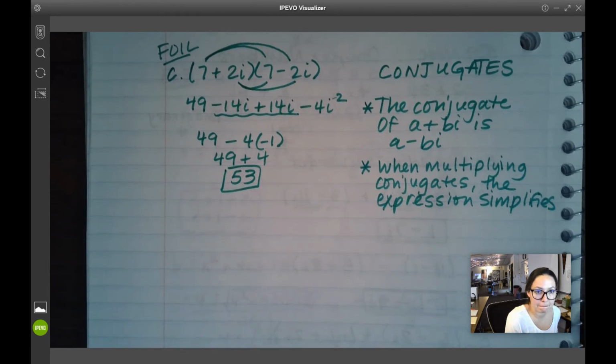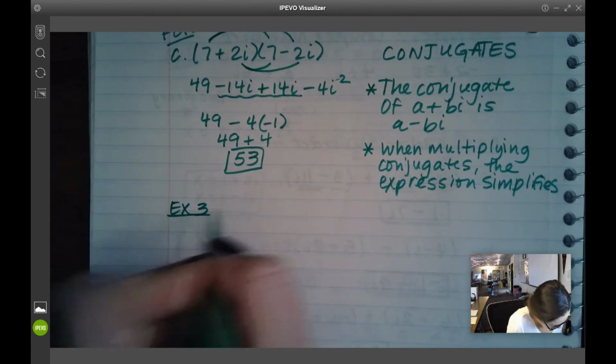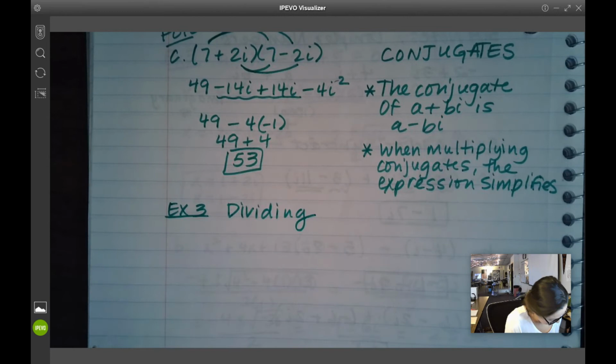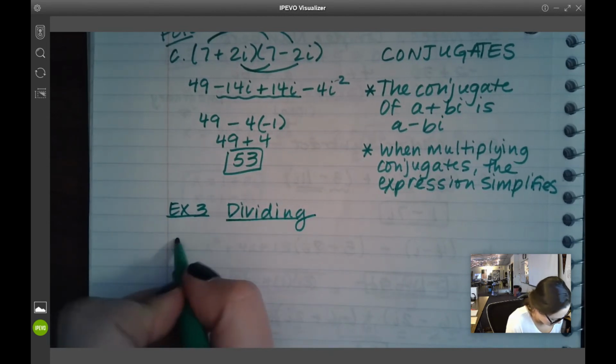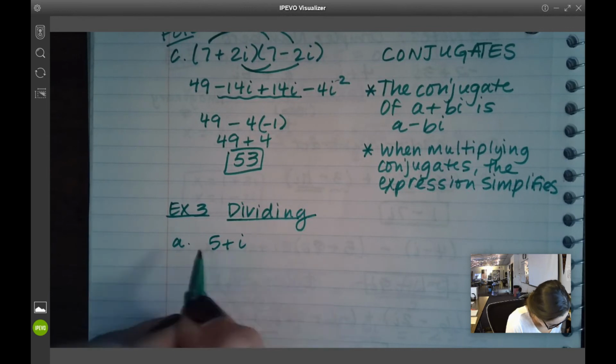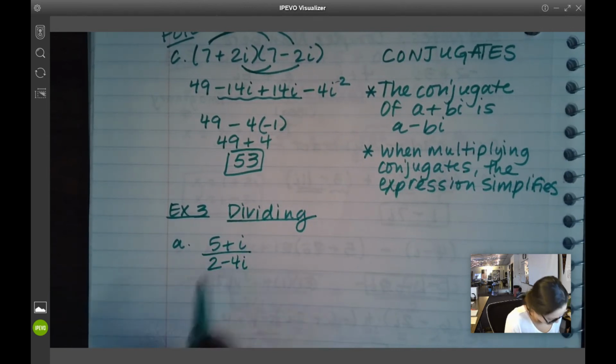So, example 3, dividing. Let's say I have 5 plus i over 2 minus 4i.